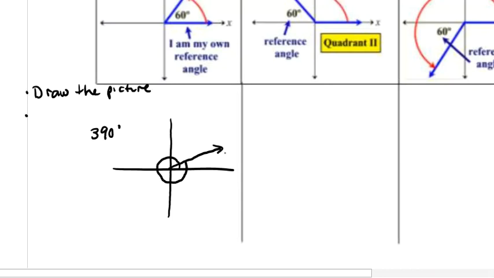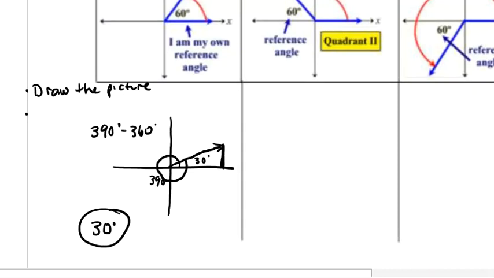Next thing I'm doing is I'm going to draw my line down. So 390, this little sliver, I'm going to have to find the coterminal angle. So I'll subtract 360 and get this piece is 30 for my reference angle.